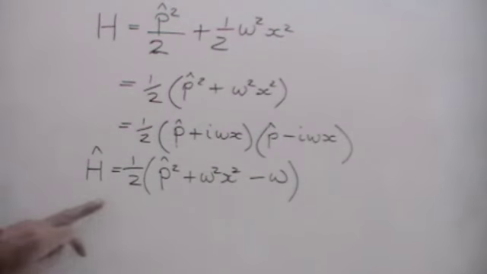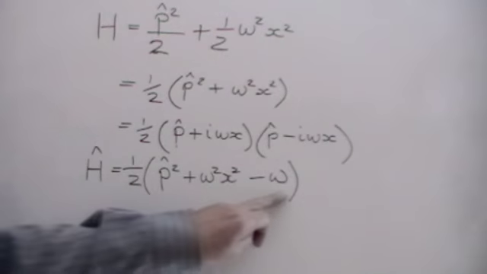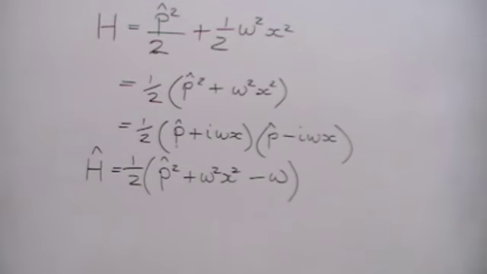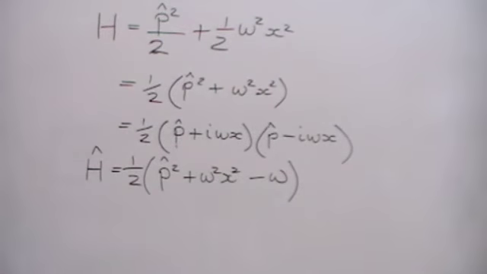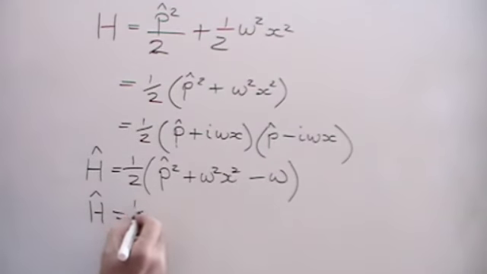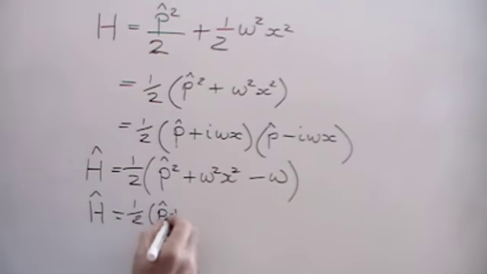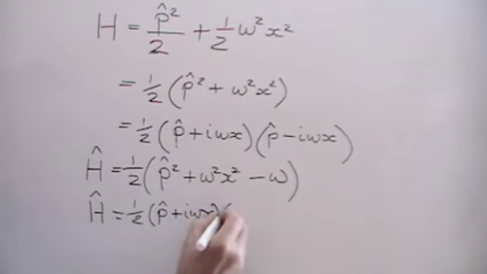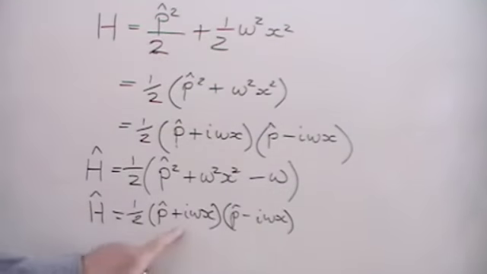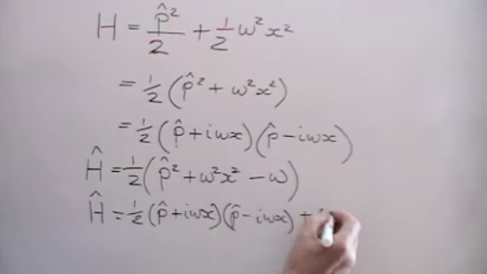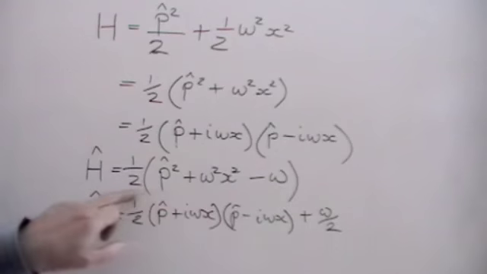So take all that lot out and put minus omega. Now we've found that H is a half p squared plus omega squared x squared minus this quantum mechanical factor here. But we know that H is actually this term here. So if you want to express H in this form, a half p plus i omega x into p minus i omega x, then in order to make that equivalent to this, you have to add an omega over 2, which cancels the minus half omega here.